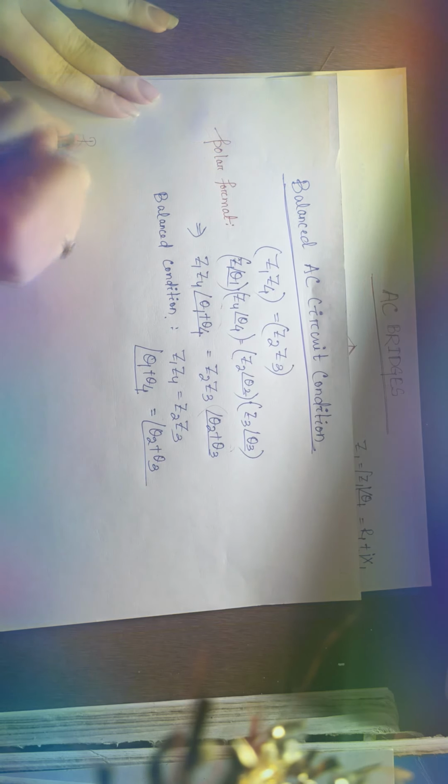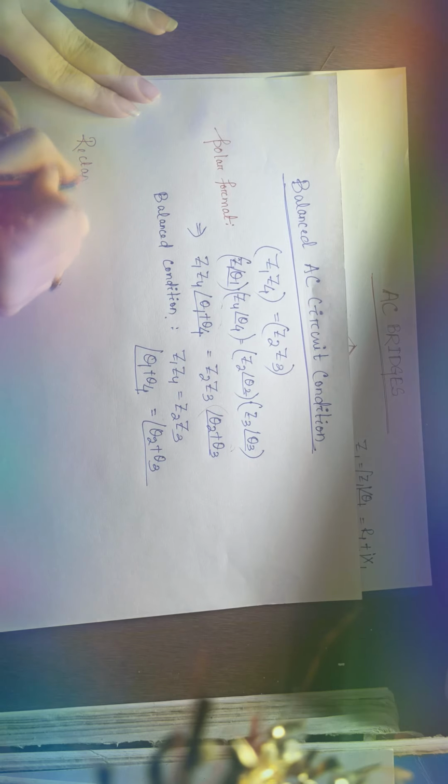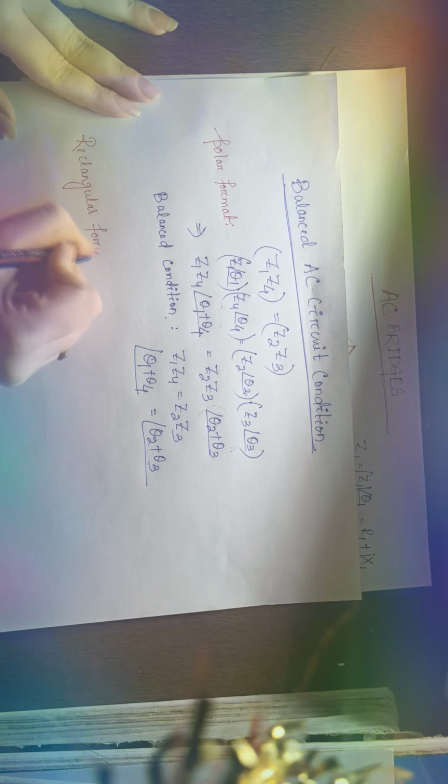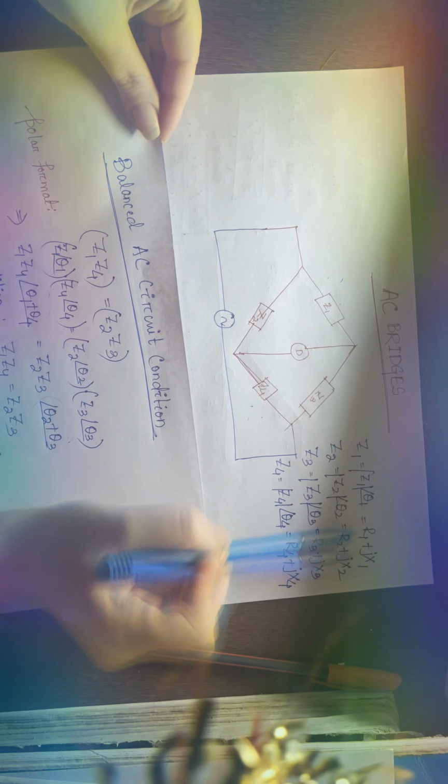Fine. Next we come to the rectangular format. For this, what is the balanced condition? What was the representation of Z1 in rectangular format? This.